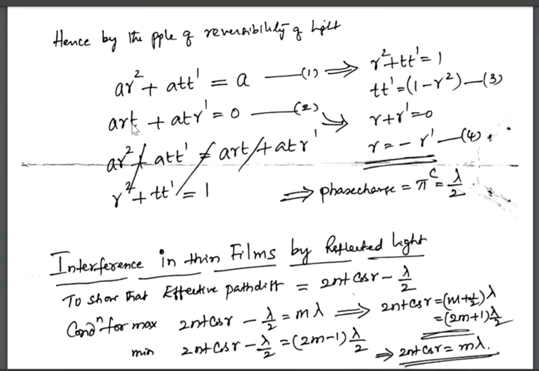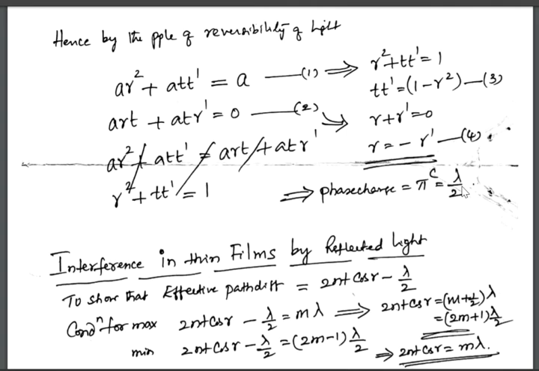So from this equation, cancel AT, and you will get R plus R dash is equal to 0. That is, R is equal to minus R dash. That is equation 4, which implies that the phase change is pi radians, which is equal to lambda by 2. This is the Stokes treatment.